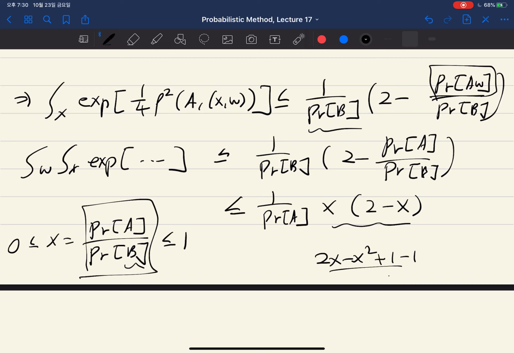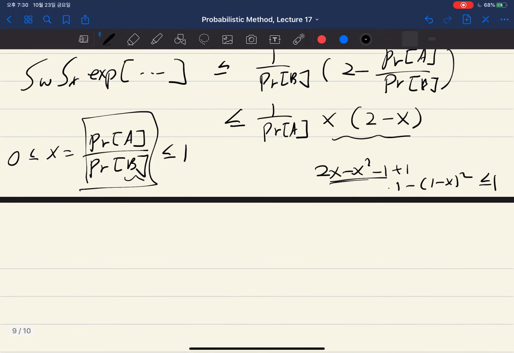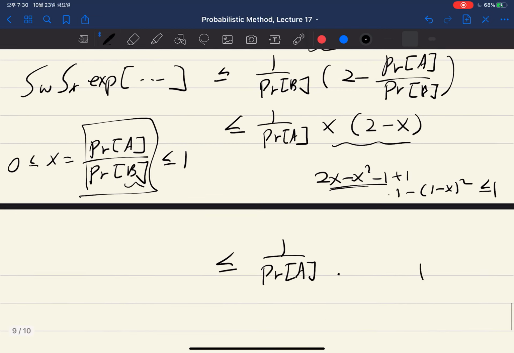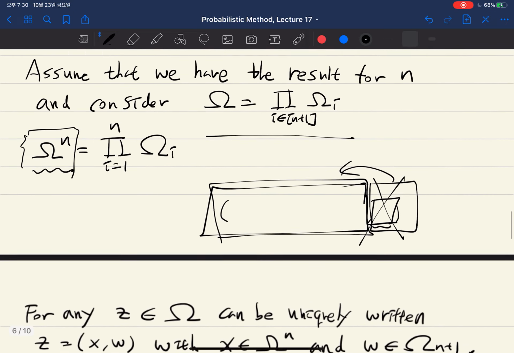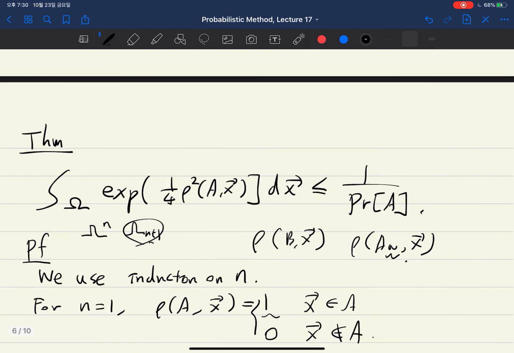This is minus 1 plus 1, this is 1 minus x squared, which is at most 1. So we get the desired upper bound. This completes the induction step and proves the theorem.